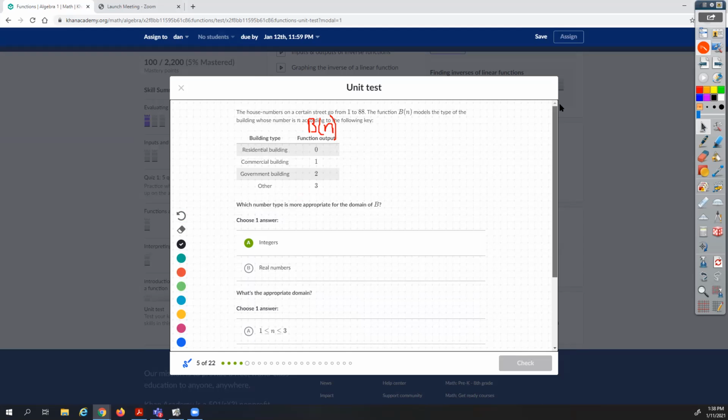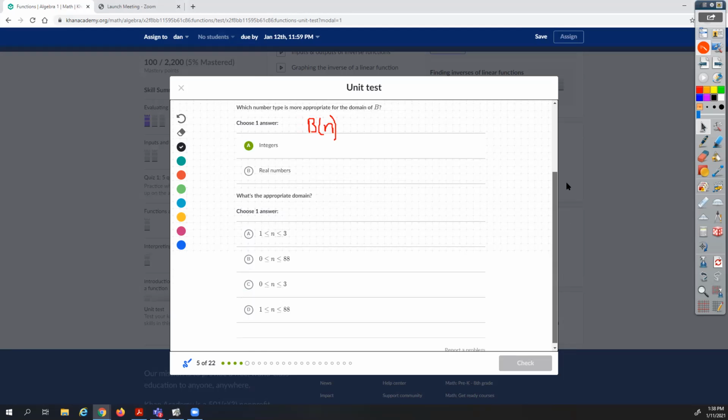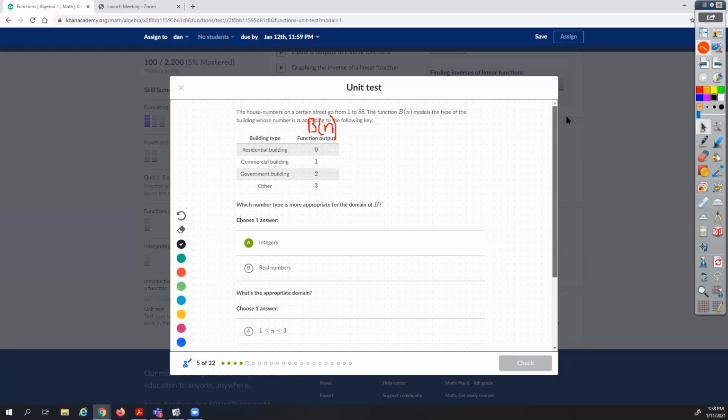Go from 1 to 88. Function output. Whose number is n.